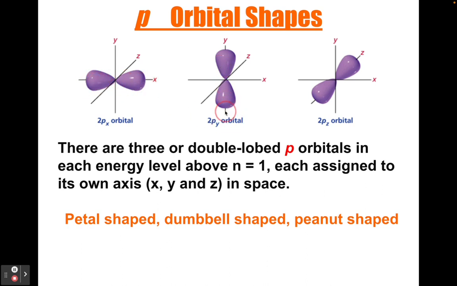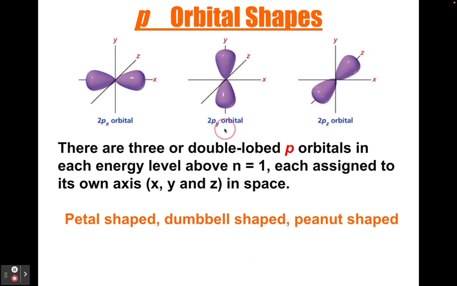Py is a different orbital. It's oriented along the y-axis. So you can kind of see how this is like 2 balloons connected together in the middle. And then you have a third p orbital that is oriented along the z-axis.